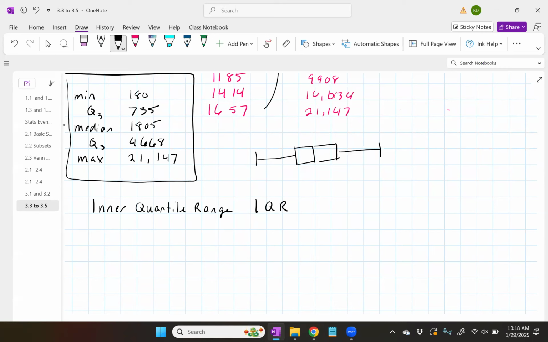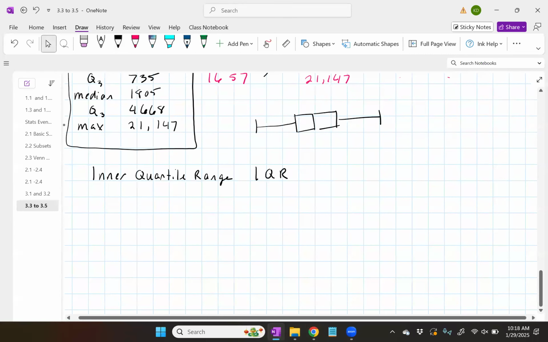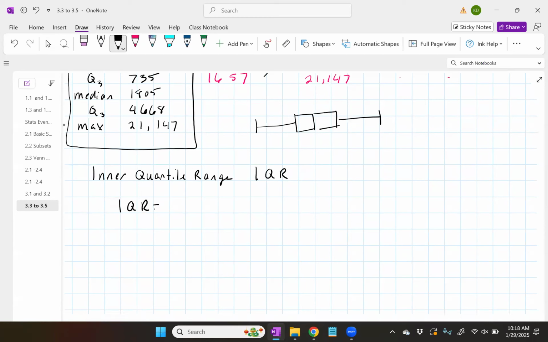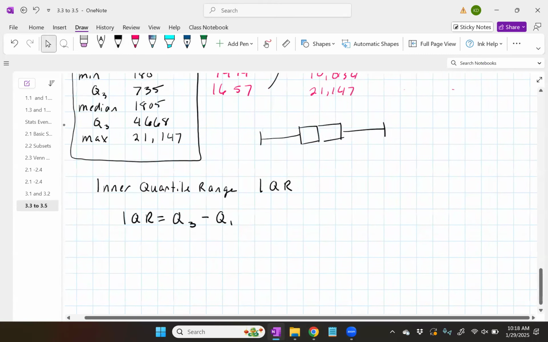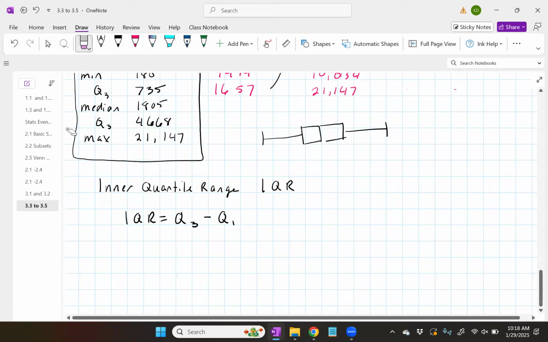And to find this, it's a pretty straightforward measure again. Those are always nice. Q3 minus Q1. And we will need this measure again for next section. So we take our quartile 3 minus our quartile 1, and that's our IQR.